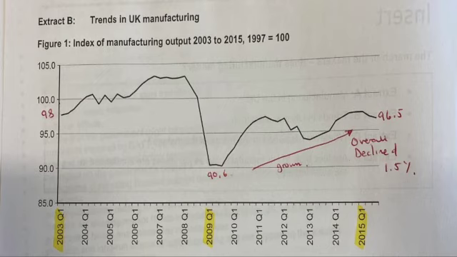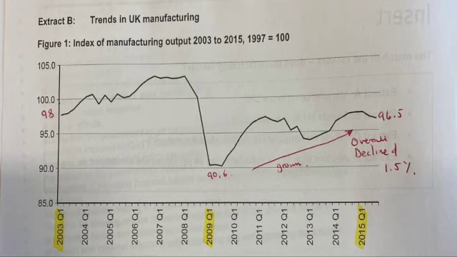So then I do arrive at Extract B, and I get this figure 1 to begin with, which is index. So in quarter 1 2003, it's roughly about 98. Again, that was in the range, so that was allowed. In 2015, it's 96.5 roughly.